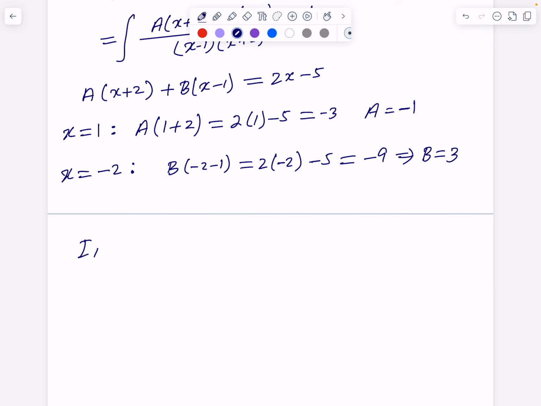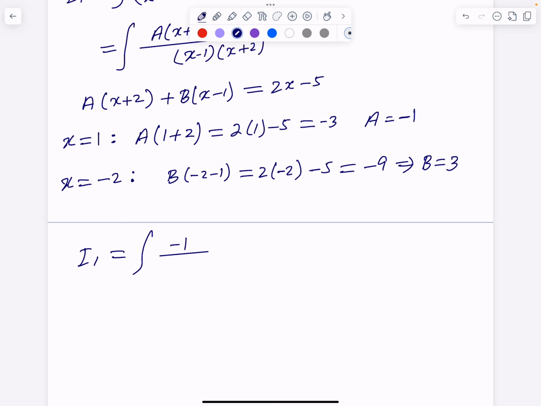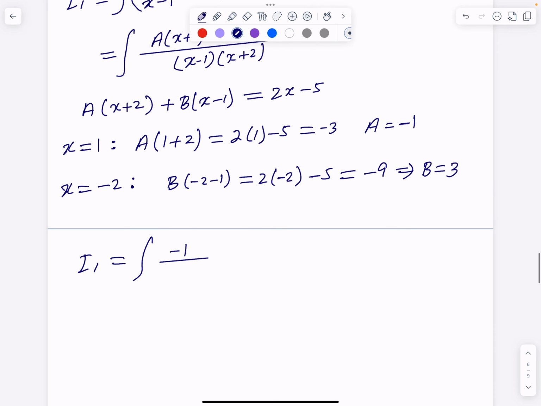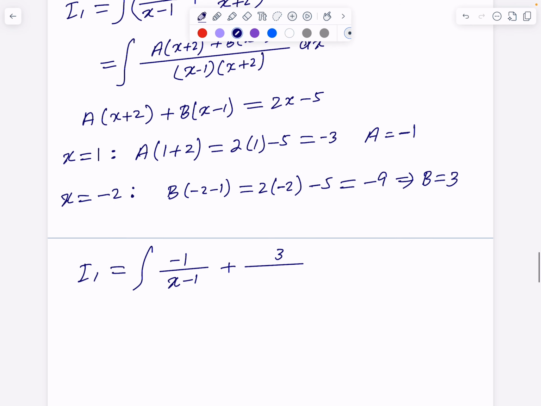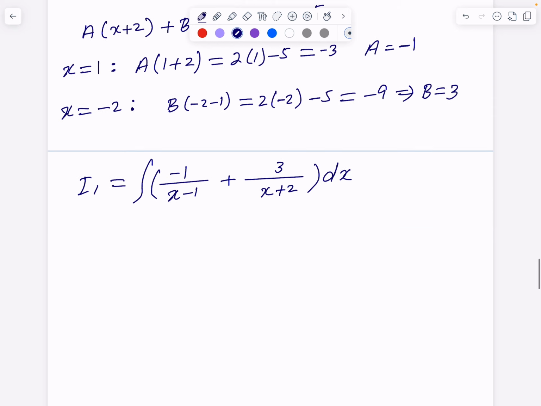Therefore, I1 is going to equal the integral of A, which is minus 1, divided by x minus 1 plus 3 divided by x plus 2, and the whole thing is multiplied by dx.